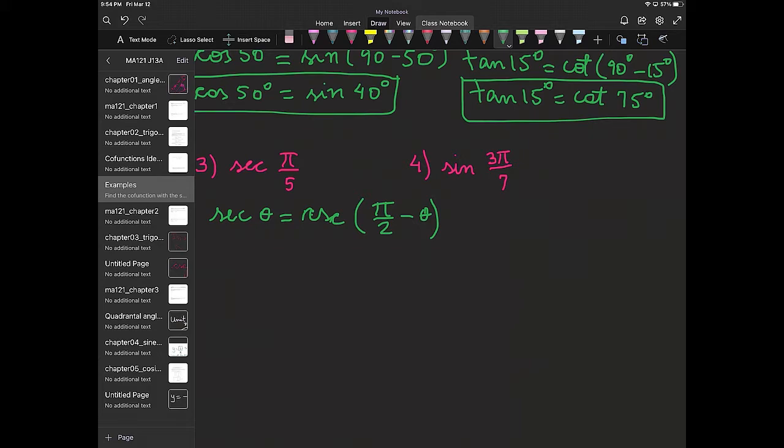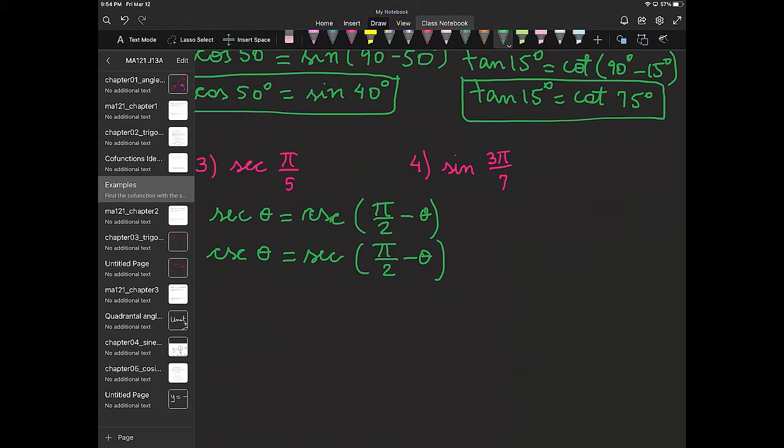We could also write this for cosecant. So cosecant of an angle theta is equal to secant of pi over 2 minus theta.